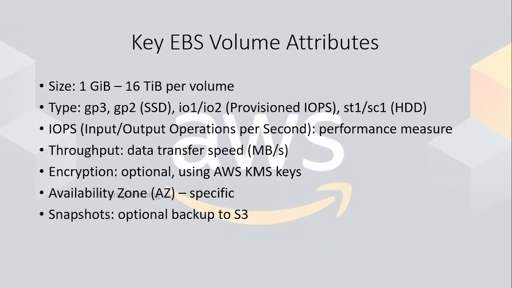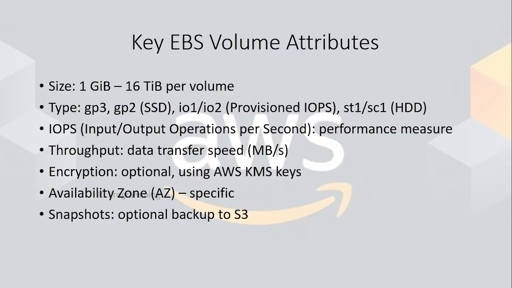So each EBS volume has several key attributes. One is size. You can choose from 1 GB up to 16 terabytes, depending on workload. Type. AWS offers several types: SSDs for performance and HDDs for throughput. I assume you know about SSD and HDD.